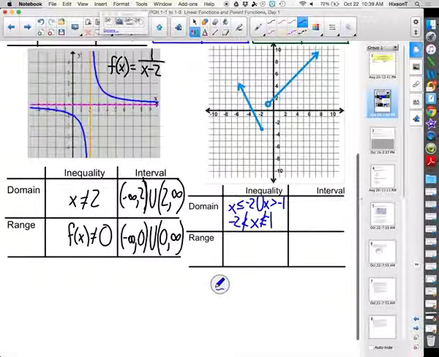Alright? So you can do either way, by either saying what it is or saying it's not between those 2 values.